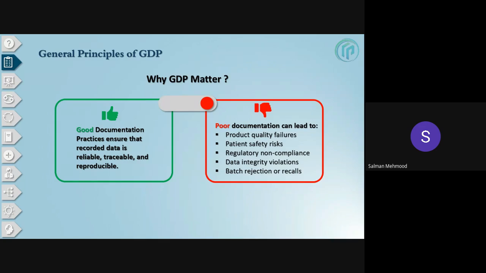In one inspection, product manufacturing was technically perfect, but the cleaning records were incomplete. So the inspector said, I cannot confirm the equipment was clean. So the batch was rejected, not because it was contaminated, but because it could not be proven clean. That is why GDP matters.